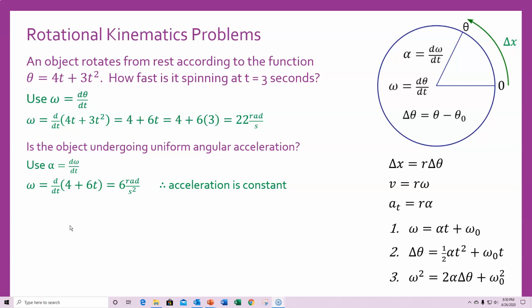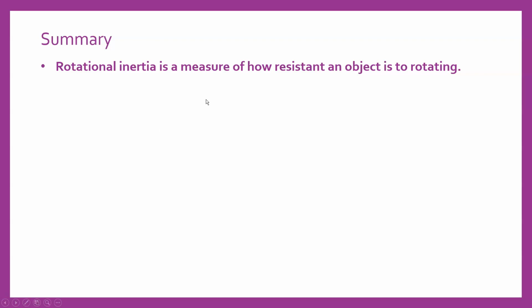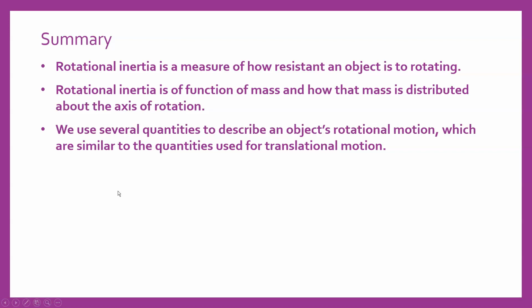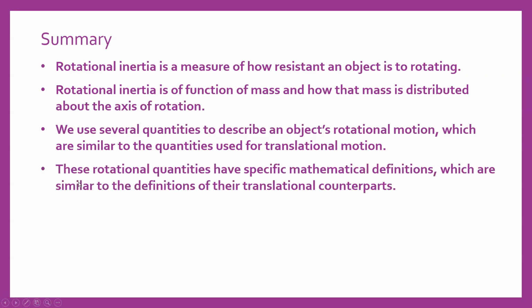Let's go ahead and summarize what we've learned in this podcast. First, rotational inertia is a measure of how resistant an object is to rotating. Rotational inertia is a function of mass and how that mass is distributed about the axis of rotation. We use several quantities to describe an object's rotational motion, and these quantities are similar to the quantities used for translational motion.